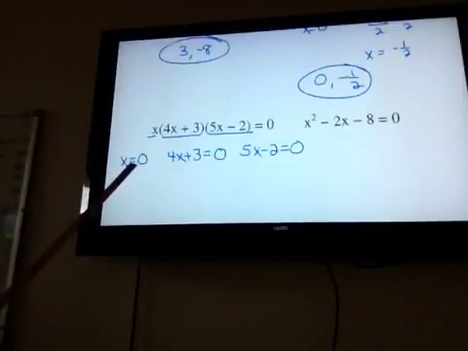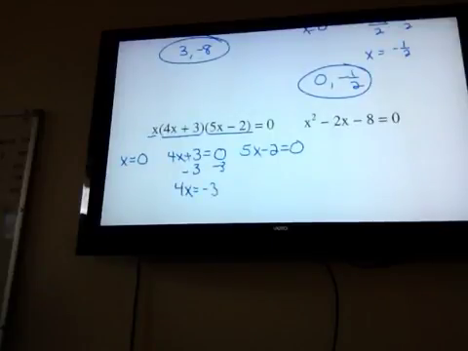That one's done. I don't have to do anything. x is by itself, so that's one of my answers. On the next one, I'll subtract 3. And then divide by 4. So negative 3/4.